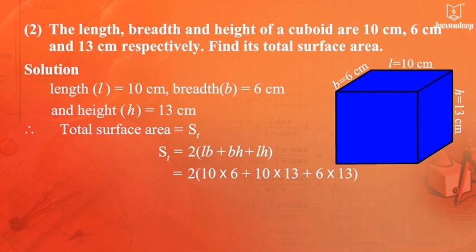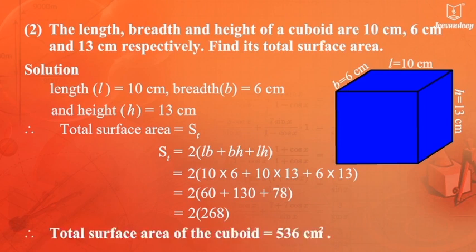Therefore, total surface area, that is ST, is given by 2 multiplied by LB plus BH plus LH. Putting the values, we get twice of 10 multiplied by 6 plus 10 multiplied by 13 plus 6 multiplied by 13, equals twice of 60 plus 130 plus 78, or 2 multiplied by 268, equals 536 centimeters square.